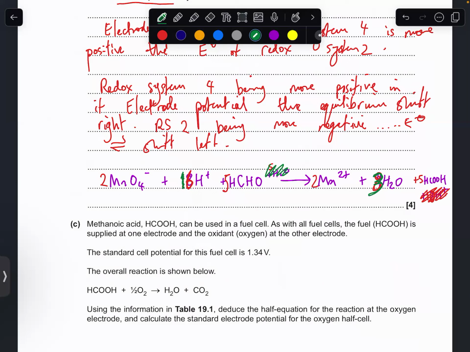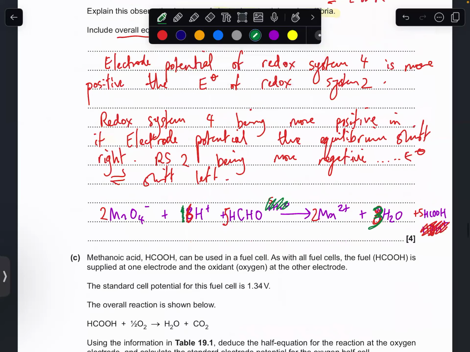And that, I believe, is your overall equation: 2MnO4 minus, 5 methanal, 6H plus, gives 2Mn2 plus, 5HCOOH, and 3H2O. That's correct.